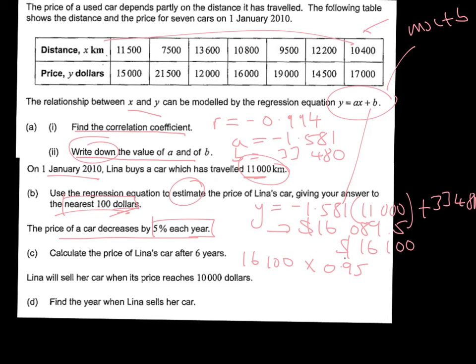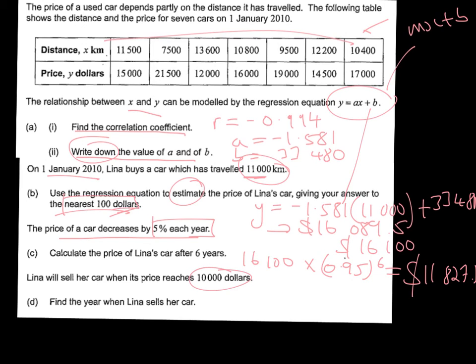So we know it's depreciating for 6 years, so it's going to be 0.95 to the power 6. And if we do that, we end up with an answer of 11,827.3.